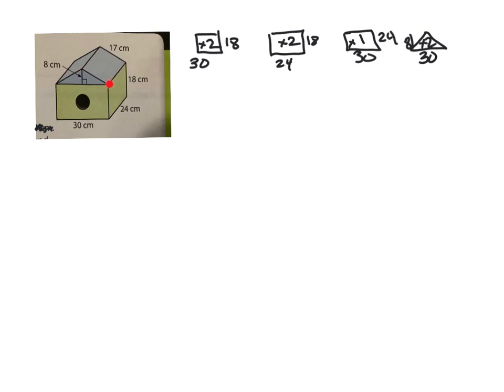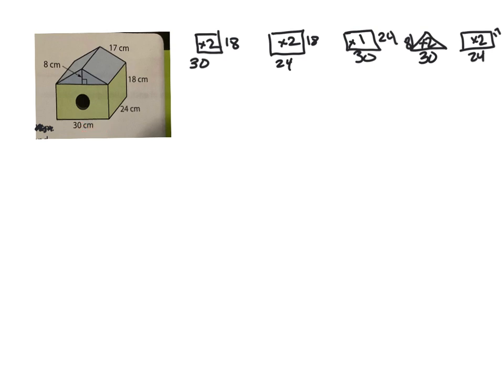This has a length of 24 and a height of 17, and there's 2 of them, 24 by 17. Okay, I think I've gotten all the shapes: the 2 front and back here, the 2 front and back here, the 2 sides, and the 1 on the bottom.